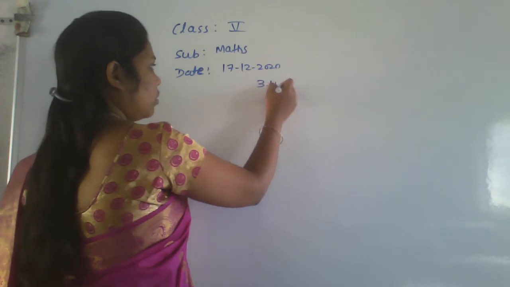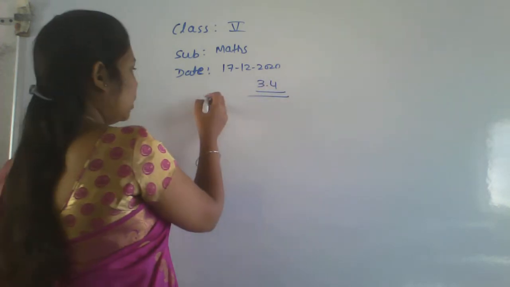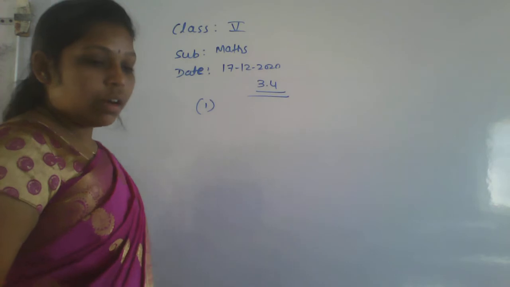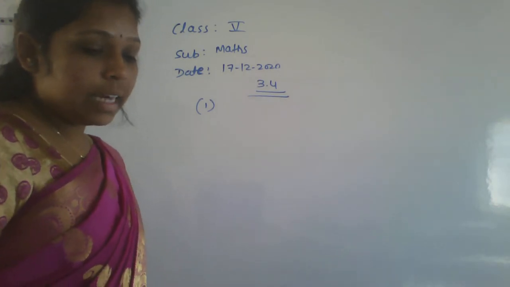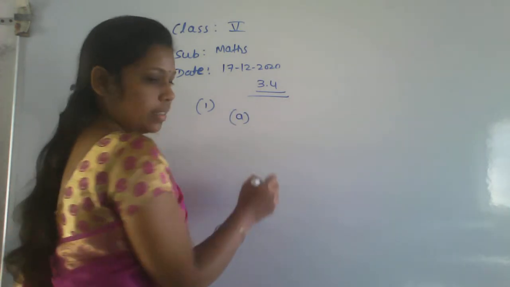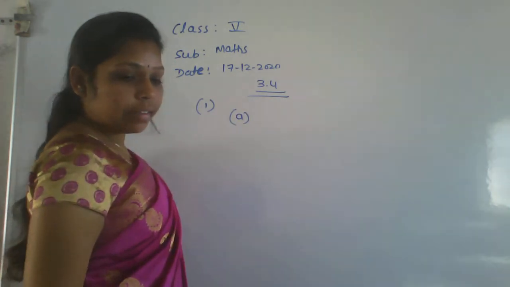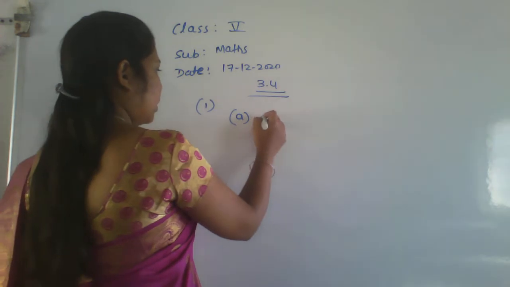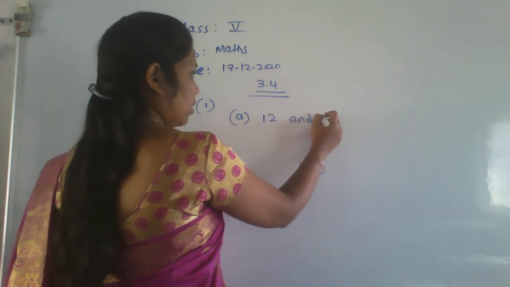Exercise number 3.4. In that, the first one is: find the LCM by the prime factorization method. They have given 12 and 33.